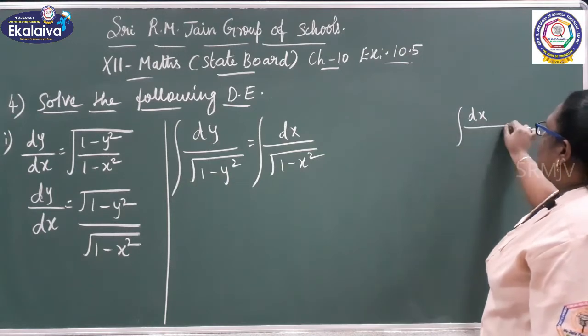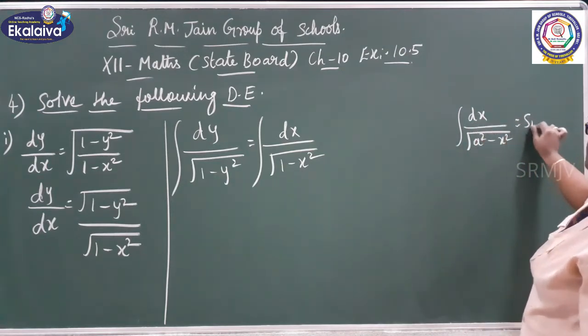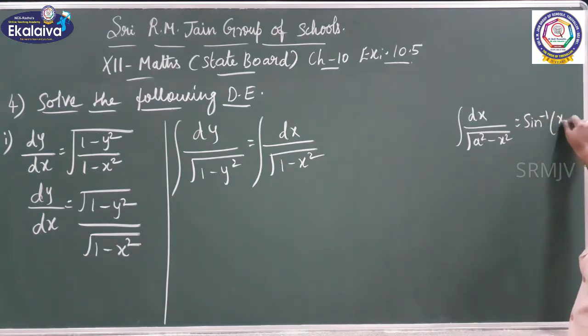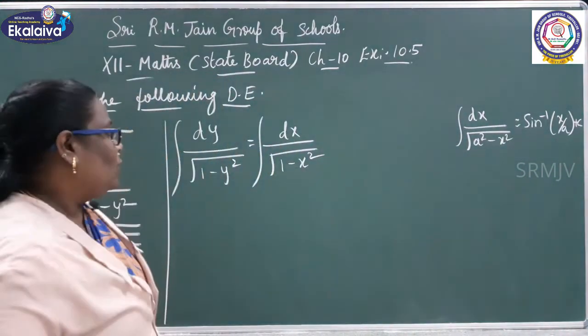What is the formula? Integral dx by root of a square minus x square equal to sine inverse of x by a plus c. Here a square equal to 1 square.